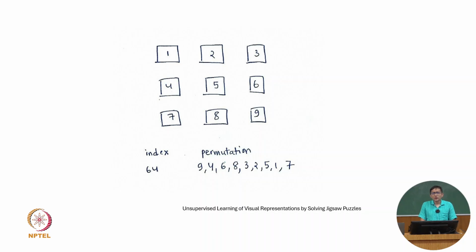Generally, we won't take all possible permutation orders because that number generally would be a large number. Now, the model would be asked to predict that, okay, this particular shuffled image indeed belongs to this class 64.